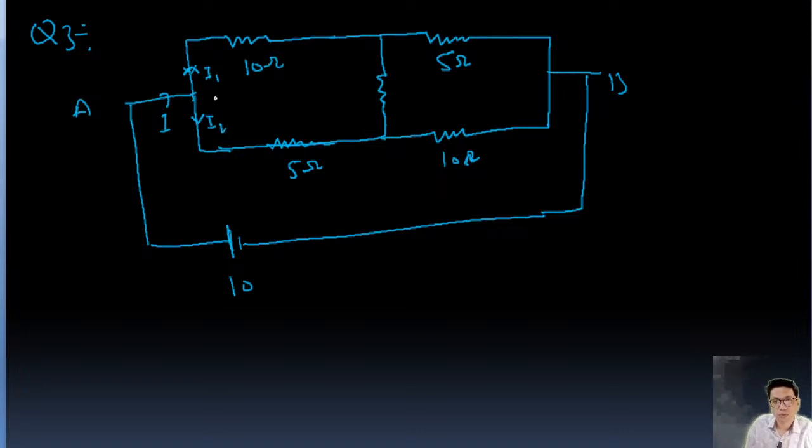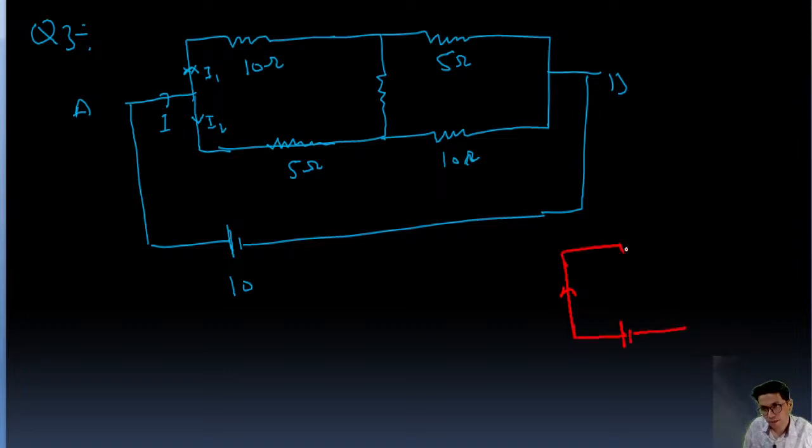These are the currents. Okay, so first we'll make an equivalent circuit for it. So the equivalent circuit is going to be like this. This is current I, this is the 10 volt battery, and this is the equivalent resistance, R equivalent.